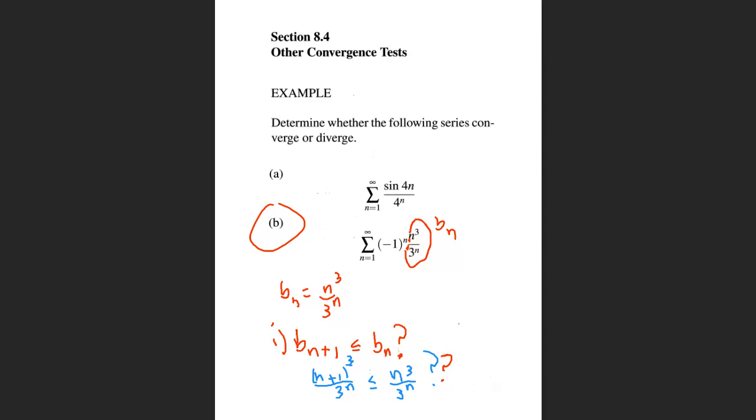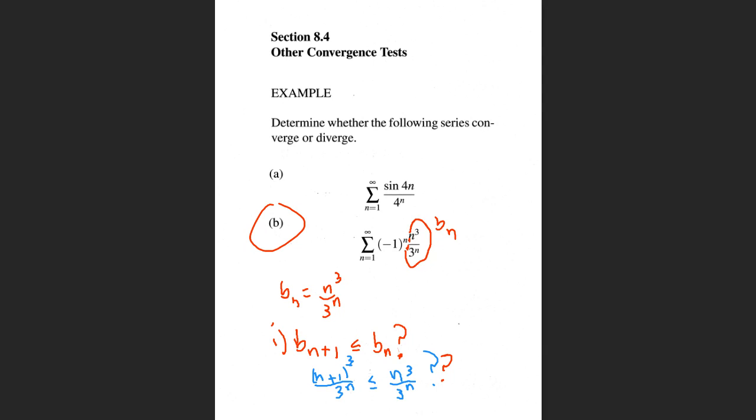Rigorously showing it would be hard. That's right, Taj. Because of that, I'd like us to use another test. It's an alternating series, but the alternating series test would be rather difficult to use here.